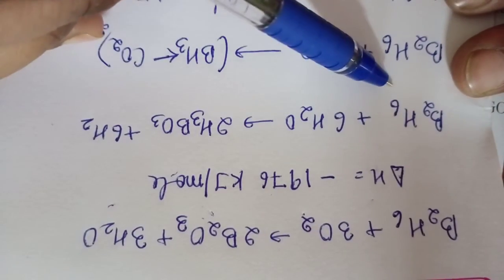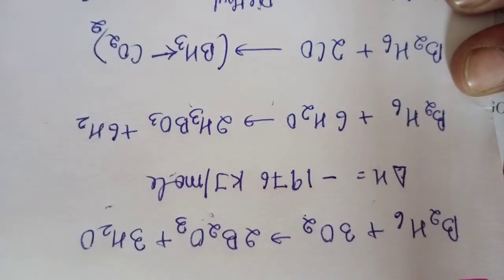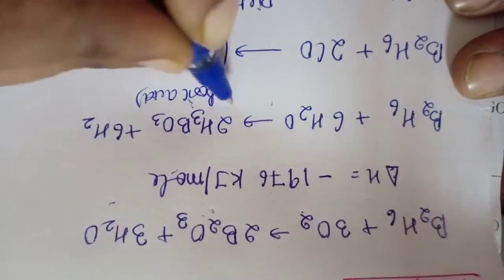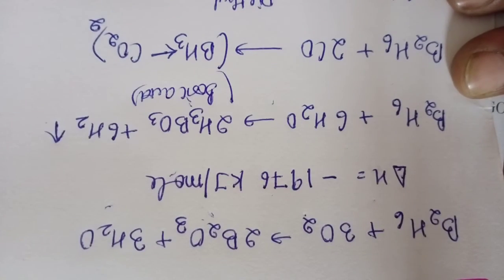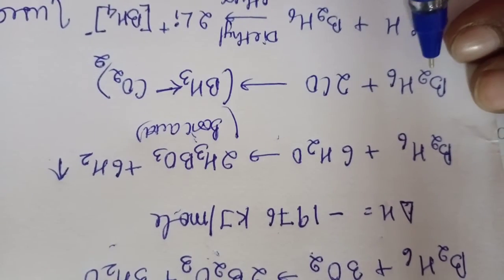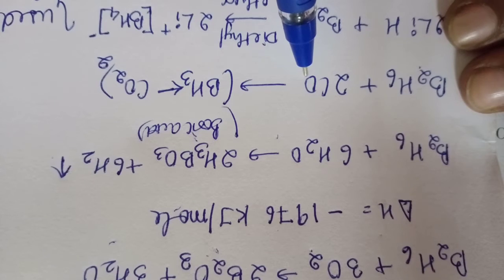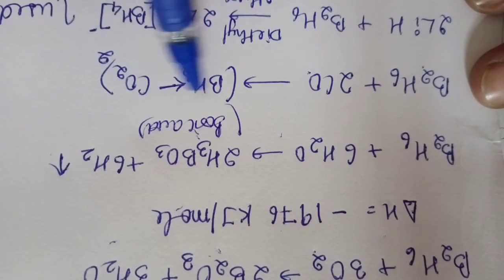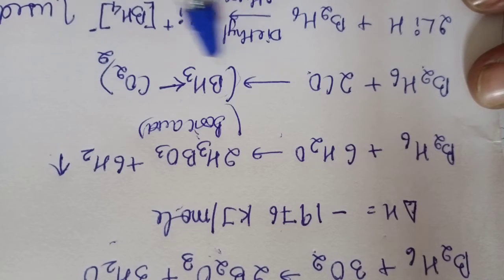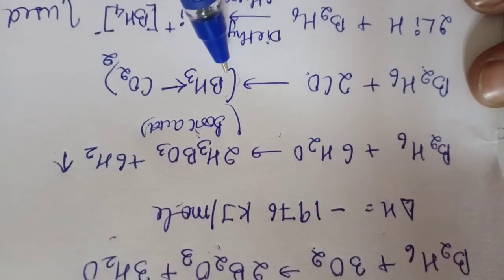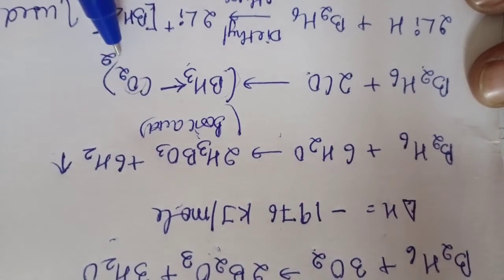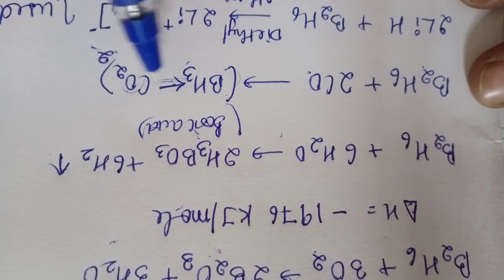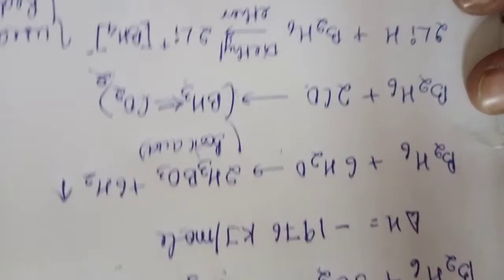Again, when we treat diborane with water, it gives boric acid, with release of hydrogen gas. When you treat diborane with carbon monoxide, it forms an adduct, an addition product, BH3.CO, and this is a coordinate bond formed between carbon and boron.